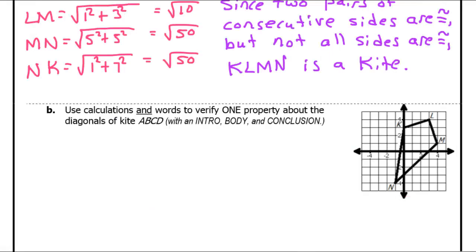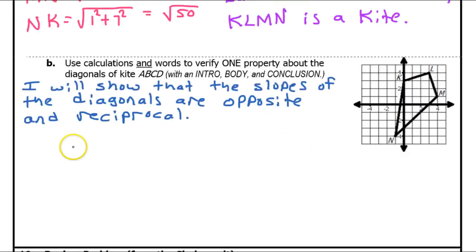Okay, and once again, if you want to show that any segments are perpendicular, you show that their slopes are opposite and reciprocal. So that's our strategy. That will be our introduction. So there it is. My introduction is I will show that the slopes of the diagonals are opposite and reciprocal.